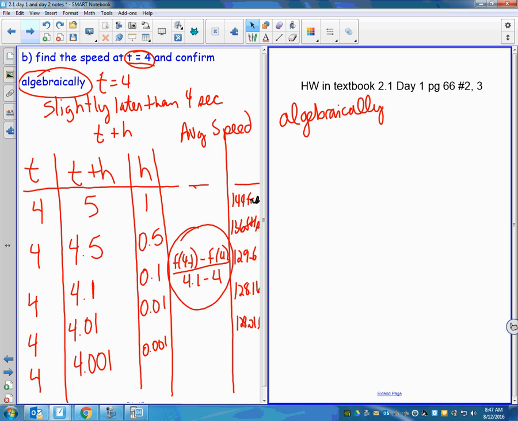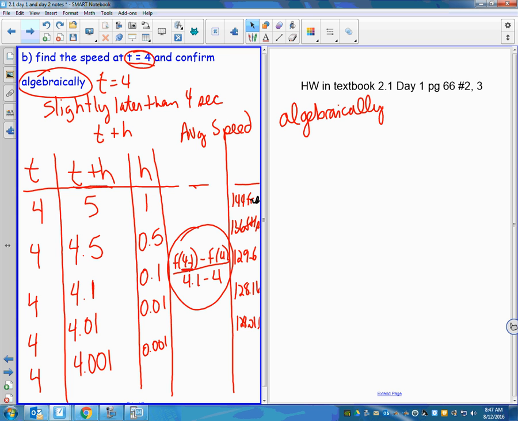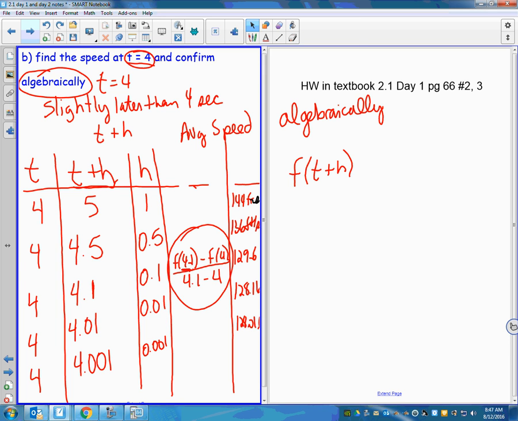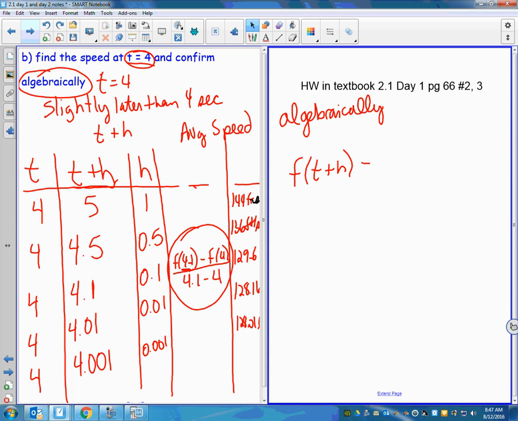So in all of these, we took the value of t plus h at f, so we could write that as f of t plus h. That's what we put here every time. And then we subtracted the value at the time, which we'll replace with 4 in a minute. And then on the bottom, every time, we just took the value of t plus h and subtracted the value of t.